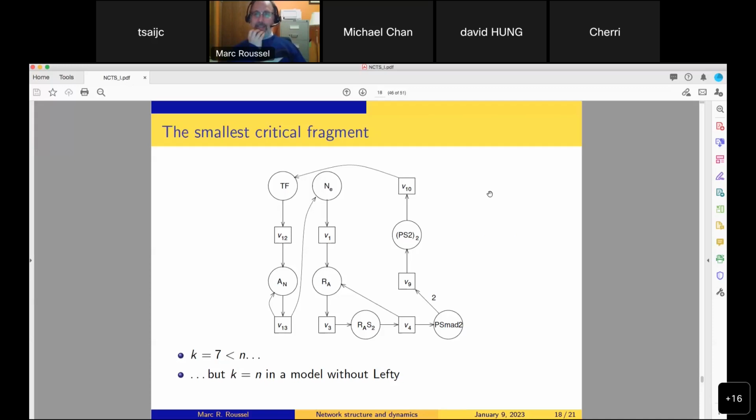So in other words, there are critical fragments of order N in the big model that includes lefty. They have this as their core, and then they have some other stuff added that, once you're done calculating the coefficient, doesn't mess it up and still gives you a negative coefficient. And so if you've worked with larger models a little bit, you probably at some point noticed that if you get bistability, you can probably also find a range where you've got Hopf bifurcations and vice versa.